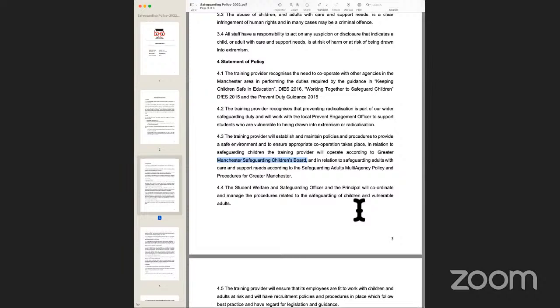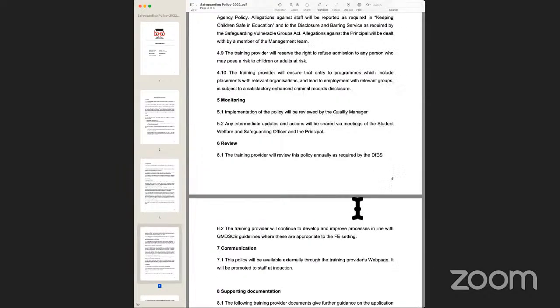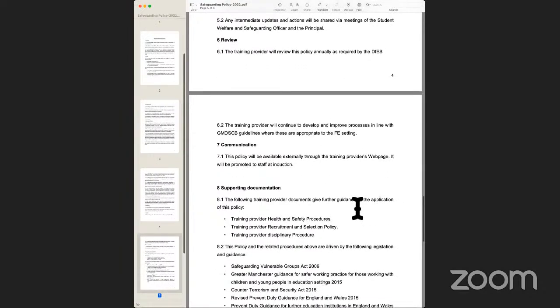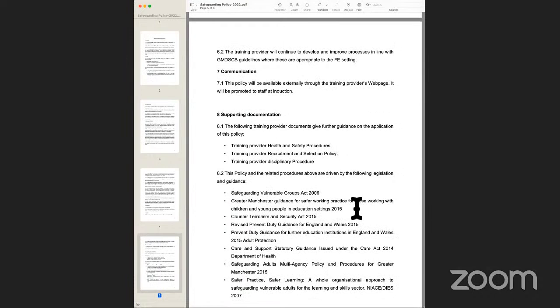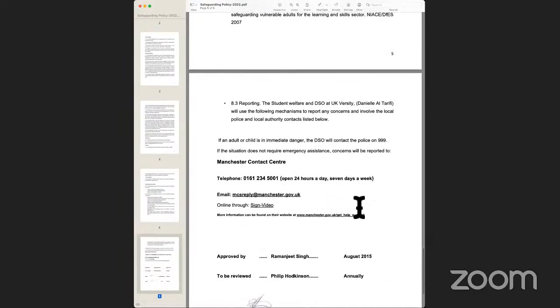Their responsibility is to monitor, review, and ensure that the principles of this policy are implemented within the organization. So there is monitoring, risk assessments, communication, and training, and supporting documentation is available so that on request it is provided by the safeguarding officer, who is responsible for implementation, updating, and upkeep of this policy.